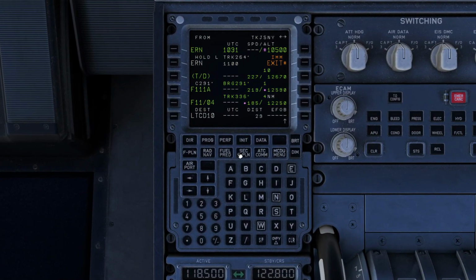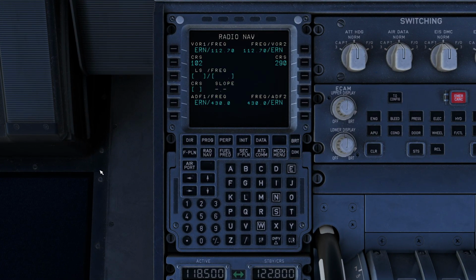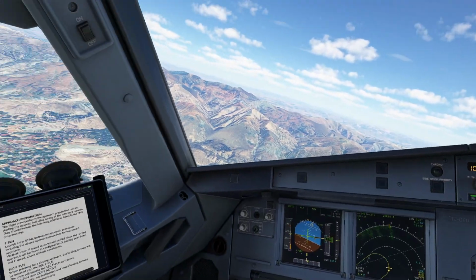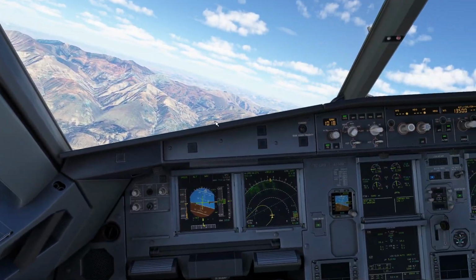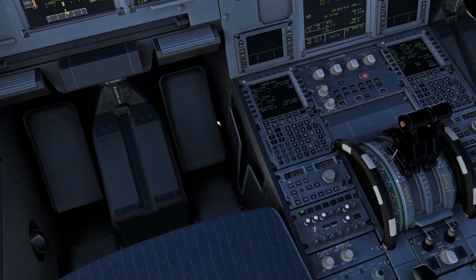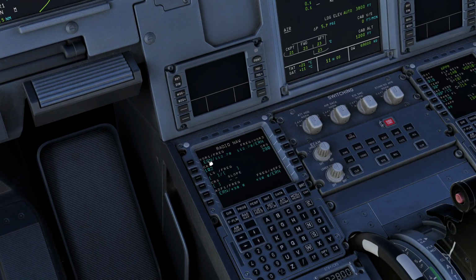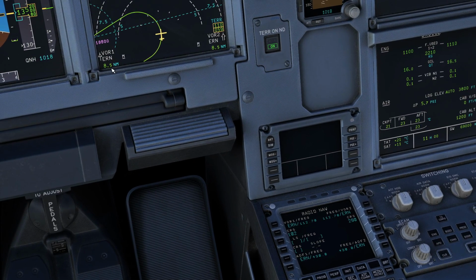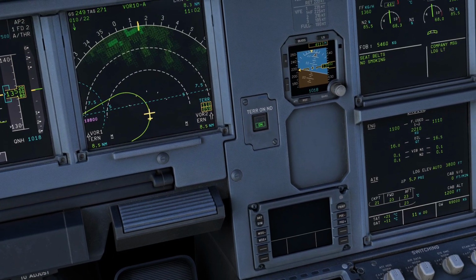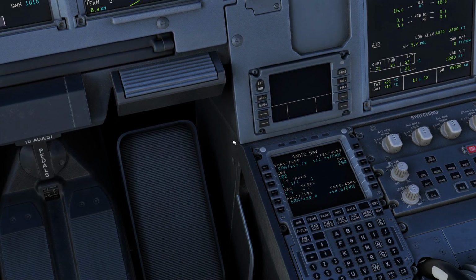Okay, we talked that the visual maneuvering or circling maneuver is based on the visual reference. But as an advisory, I put the VOR 1 and 2 to Echo Romeo November with the frequency 112.7, which is right now 8.5 miles from us, and also both ADF are set to Echo Romeo November with the frequency 430.